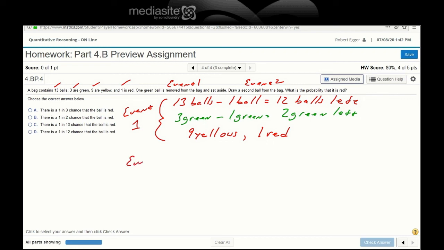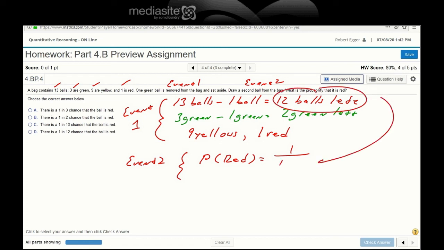Now event 2, probability of pulling a red. Well, how many reds do we have? We have 1 red. How many balls do we have? We have 12 balls, not 13 any longer.